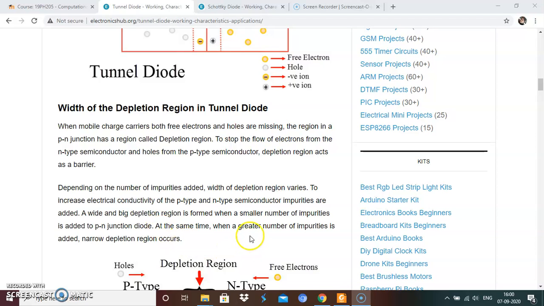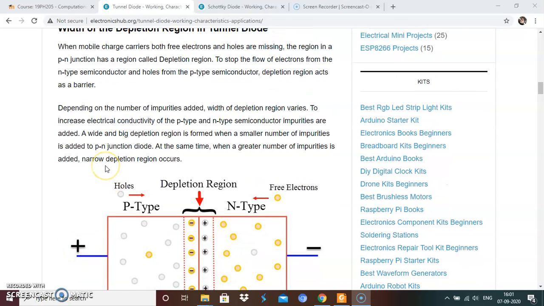When you add a greater number of impurities to the pure material, a narrow depletion region is formed. In the tunnel diode, we are adding more impurity, so the depletion region width is very narrow, very small.